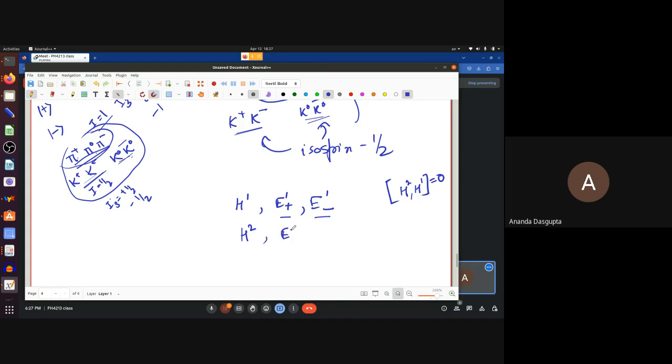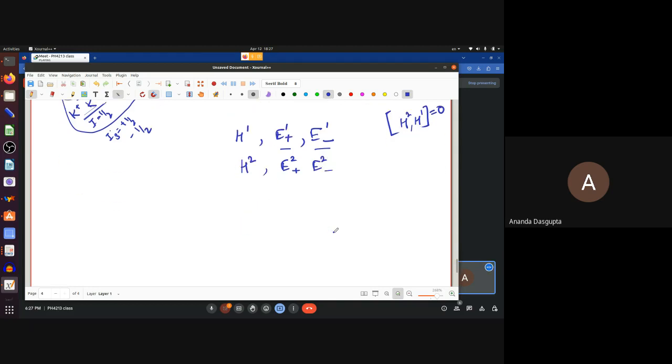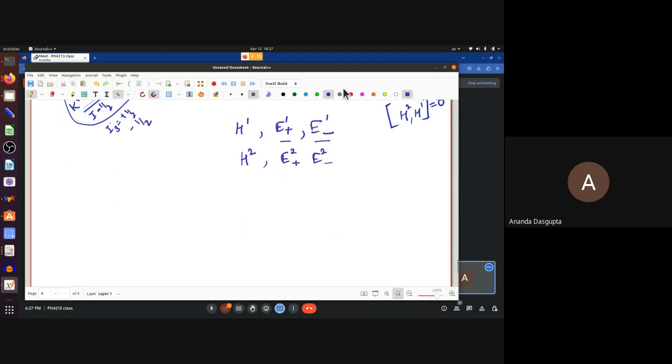And let's say you assume that there are step operators here as well. So basically you have 6 operators now. And how are these operators related? Simply by this.